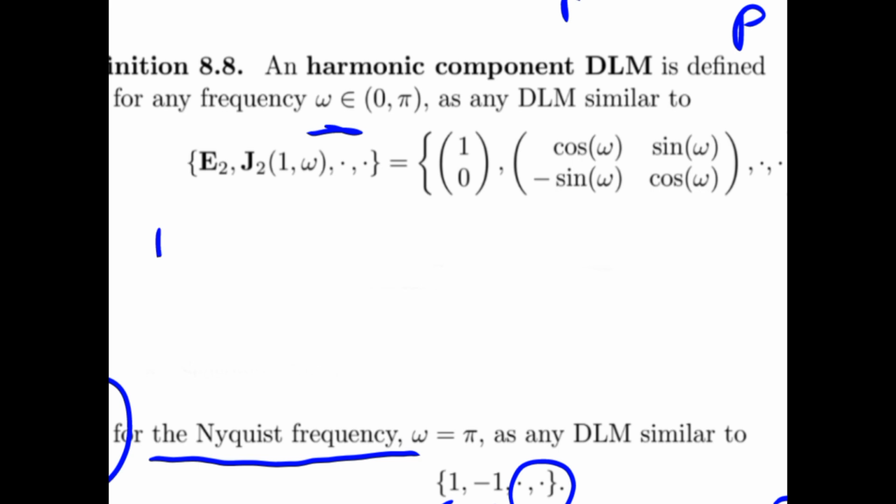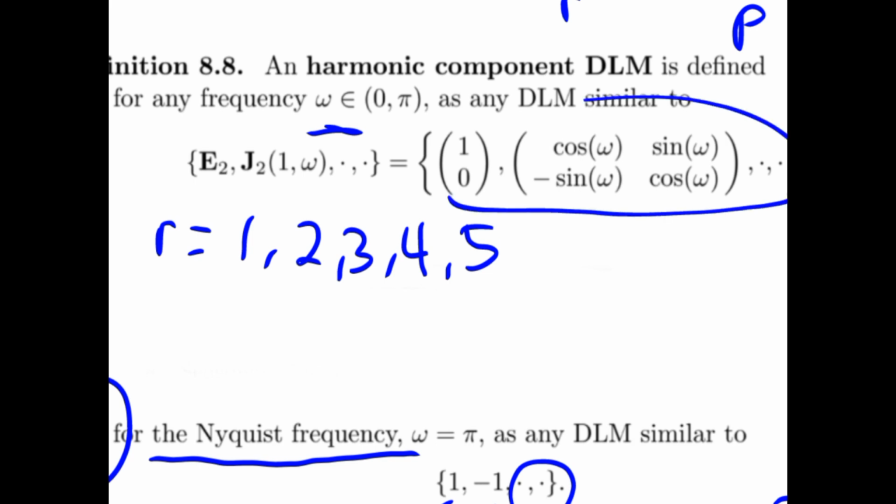So when r equals 1, 2, 3, 4, and 5, we define the DLM for harmonics 1 to 5 with that. The index 2 here indicates that we have 2 dimensions.